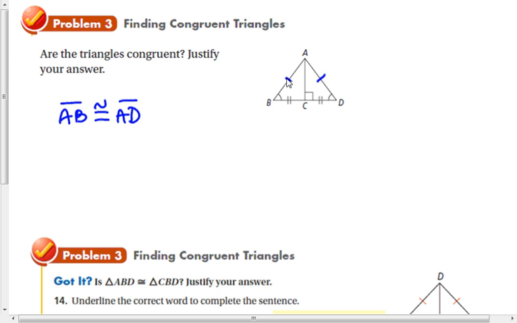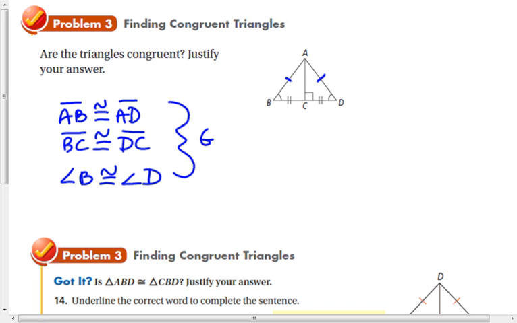We are given that BC is congruent to DC. We are given that angle B is congruent to angle D. So all of these are given by the drawing. Now, but we still have a few things left to do here.